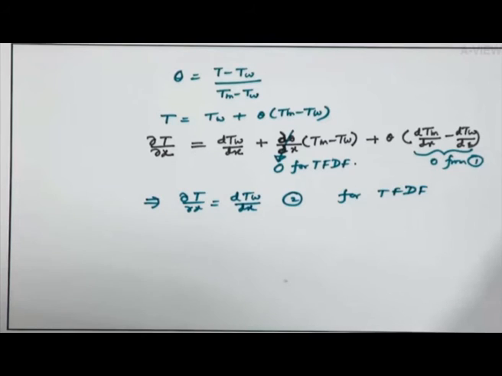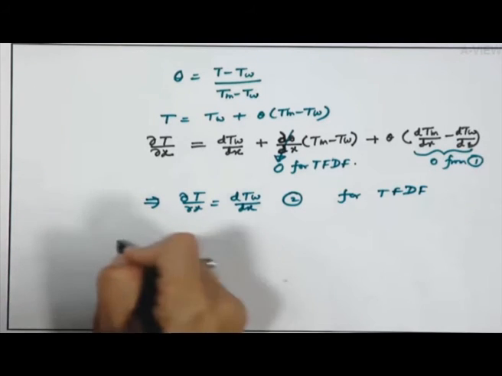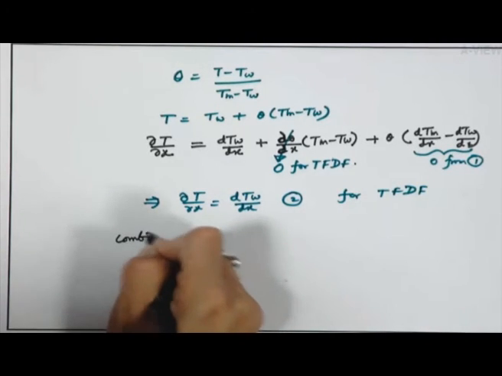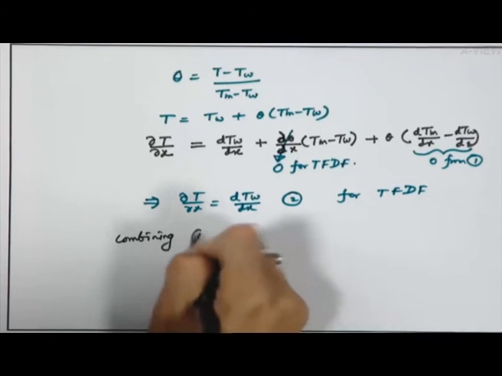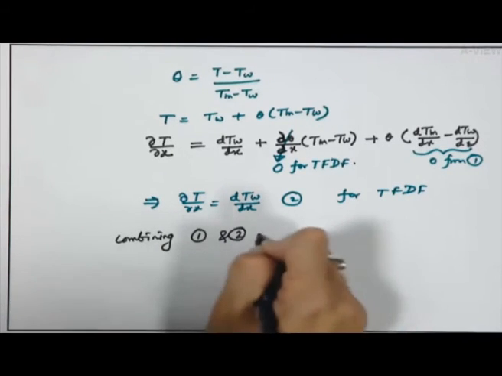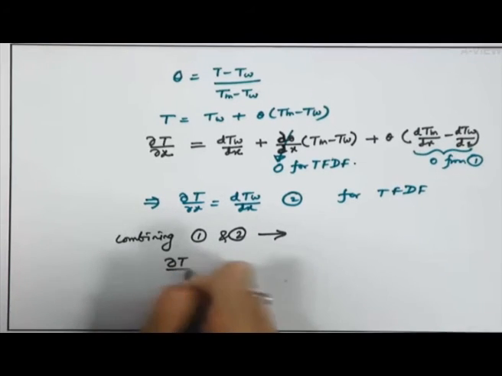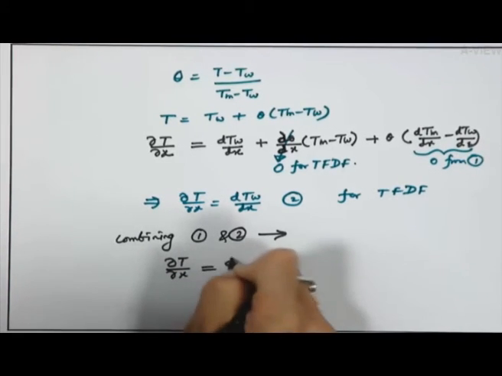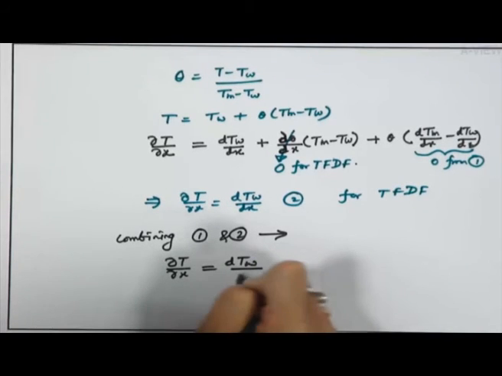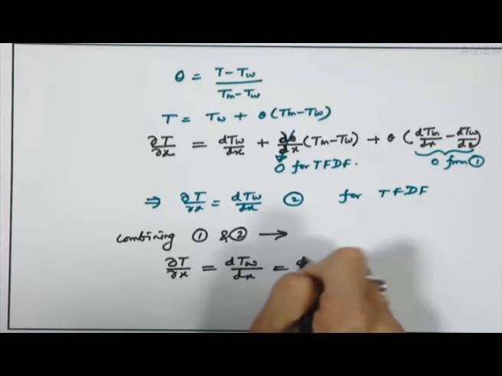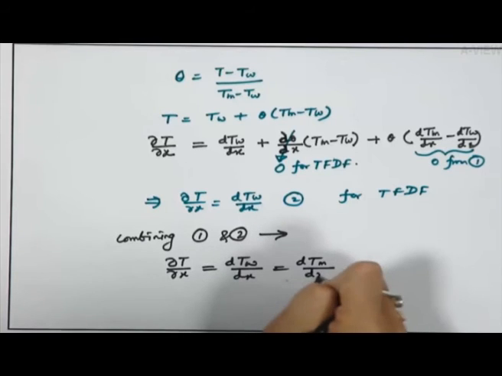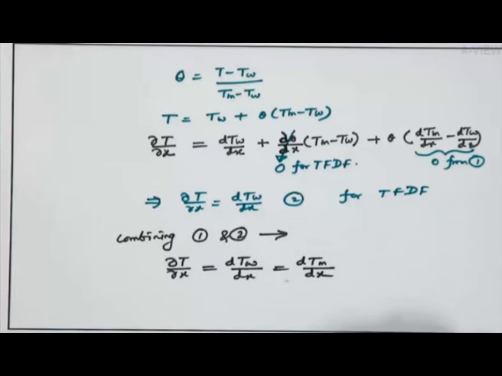So combining 1 and 2, we can write that del T del x is equal to dT wall dx is equal to dTm dx. We can write something more, not just this.